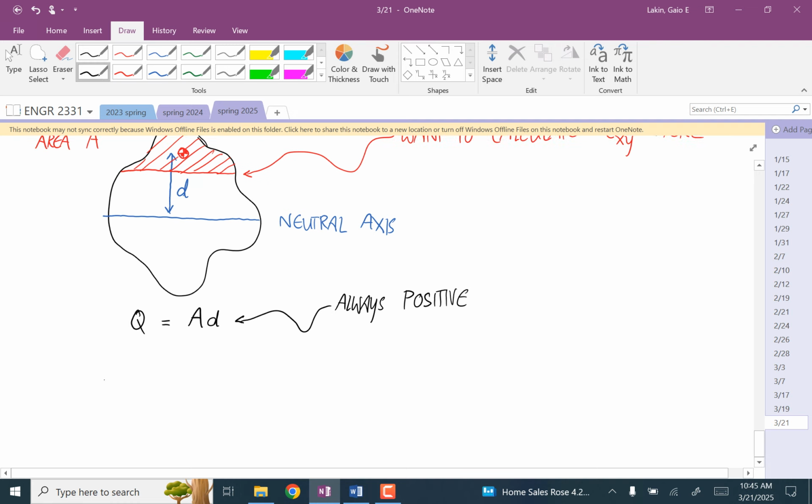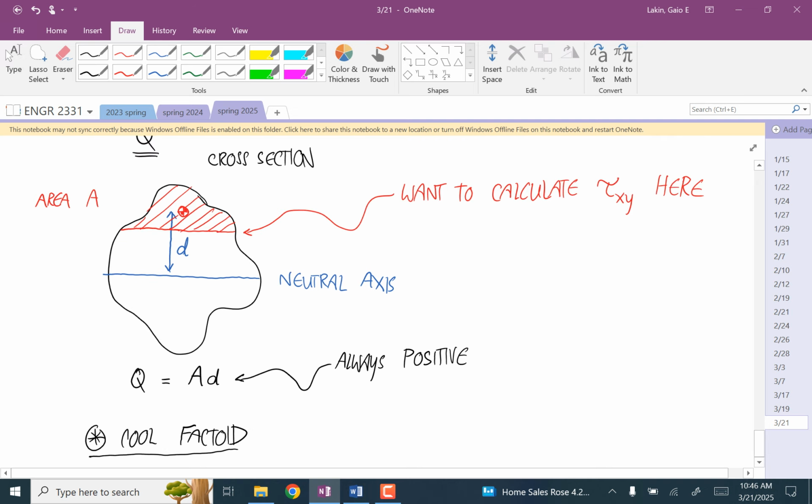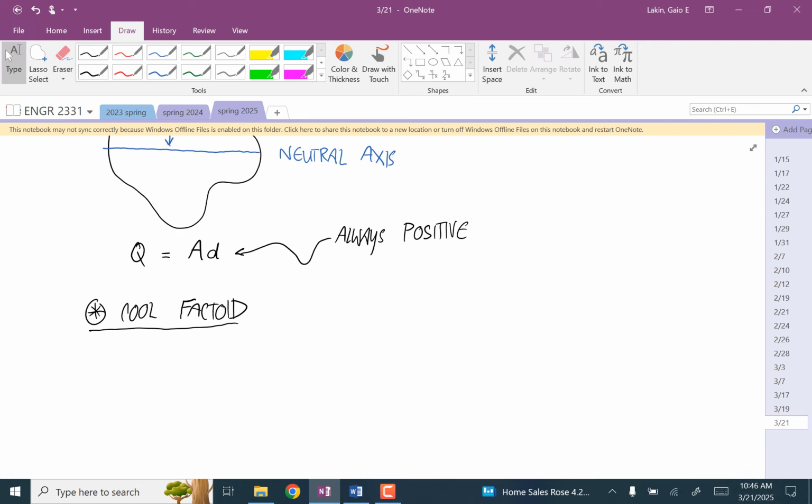Here is a cool factoid. I don't know how cool it can be having factoids about engineering, but the way I have this drawn, I calculated everything using an area above my desired line where I want to calculate that stress.